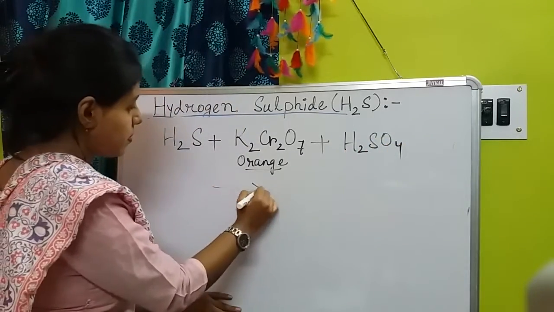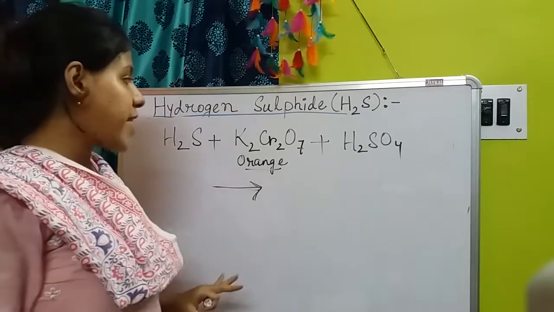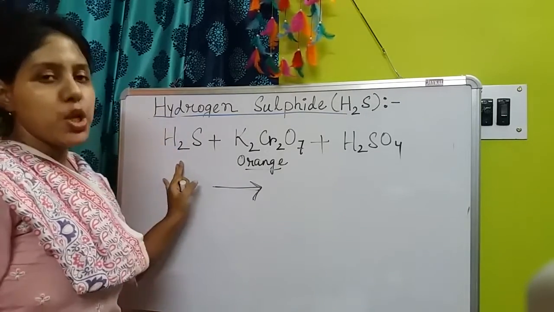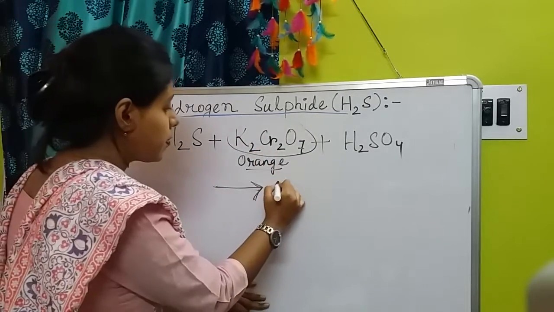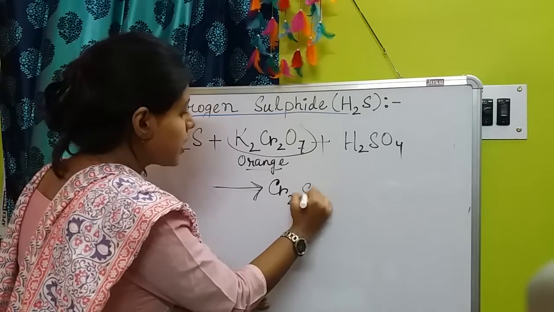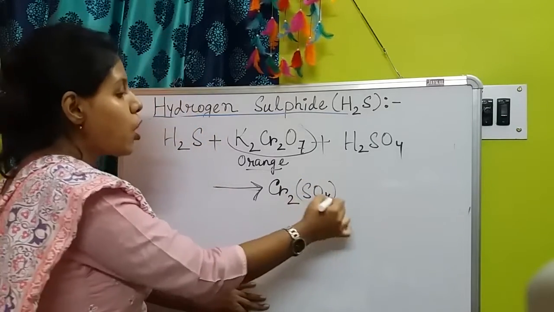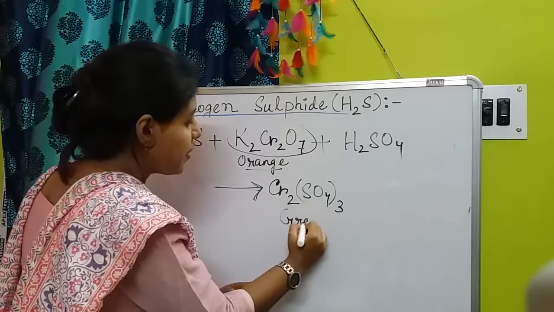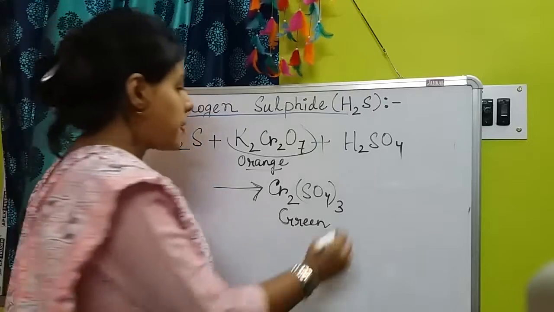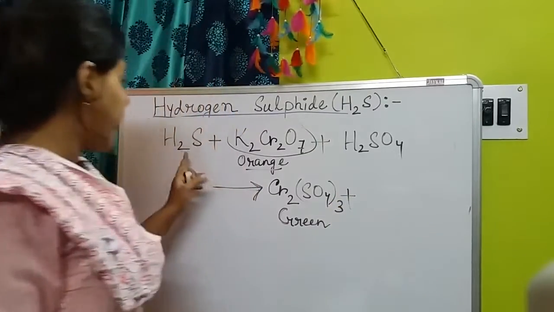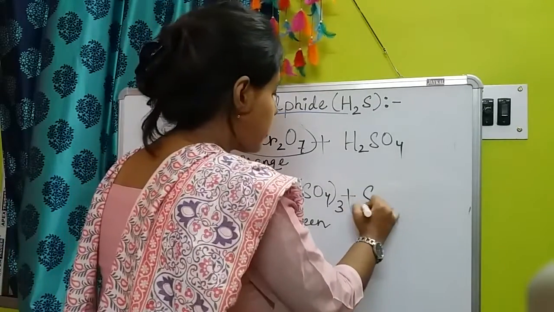Okay, so after this reaction, H2S will reduce potassium dichromate into chromium sulphate, Cr2(SO4)3, which is green in color, plus H2S will be oxidized to sulfur.